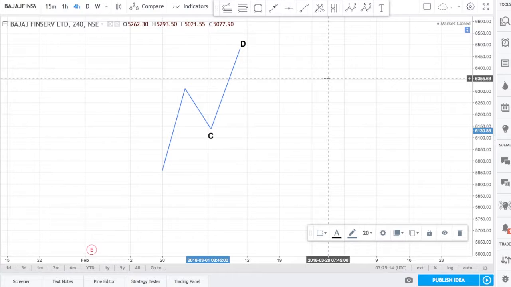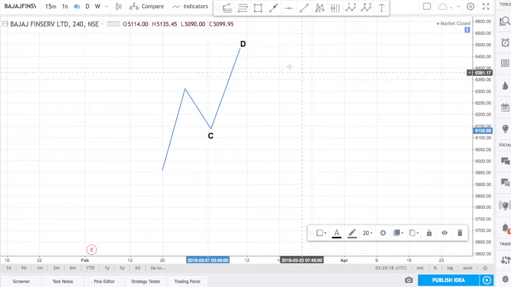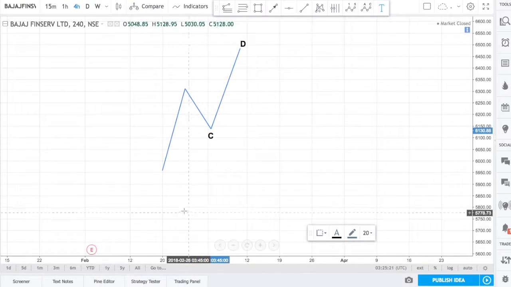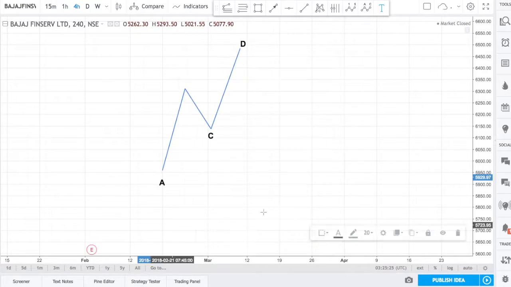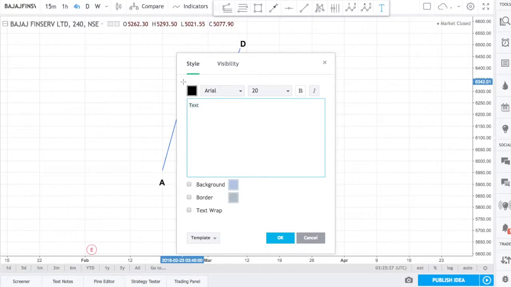From part 1, you already know how an ABCD pattern looks like.